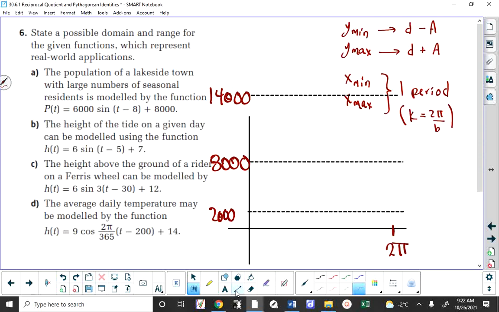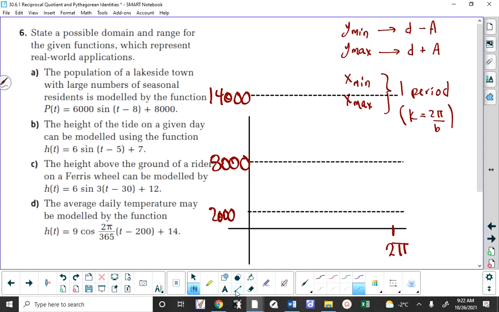And then if you were asked questions about the specifics, like for question A, if you were asked for the population, it doesn't really tell you what t is. Let's just assume it's days. If you were asked for the population at 10 days, then you would put 10 in for t and look at the location on the graph.